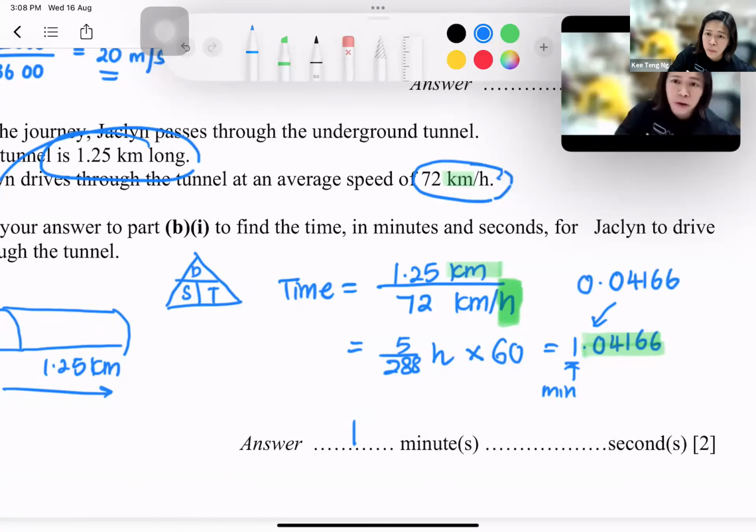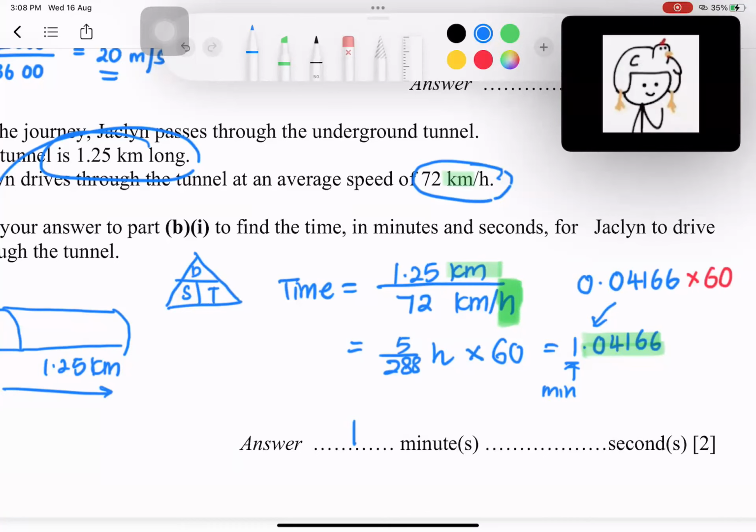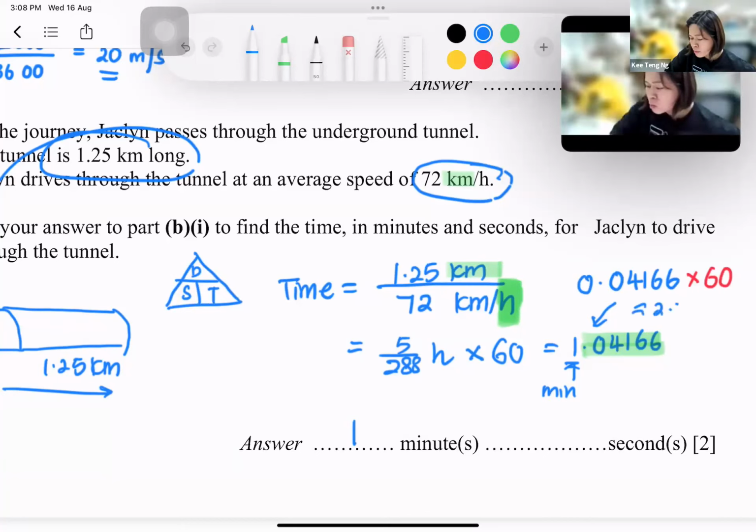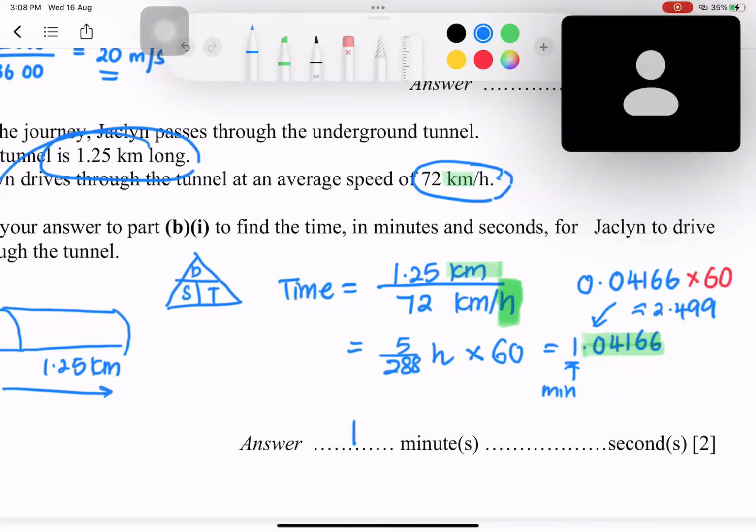I need to multiply by 60 to change it to seconds. So I minus away 1 and take 0.04166 times 60 again. That will be approximately 2.499, so I round off to the nearest second.